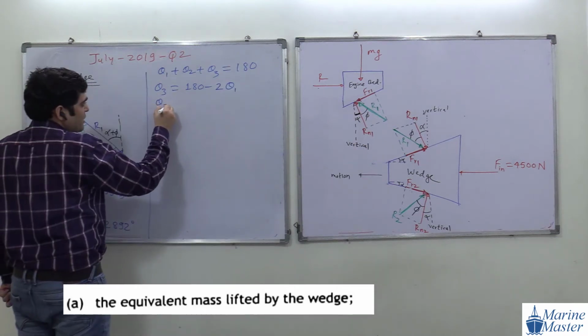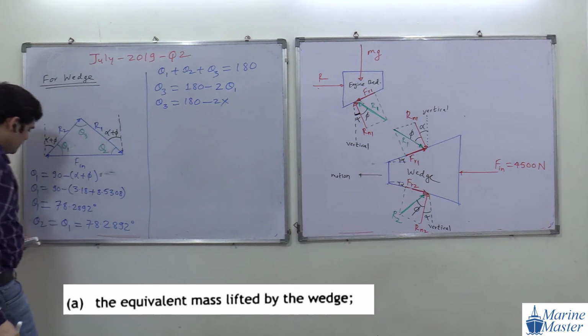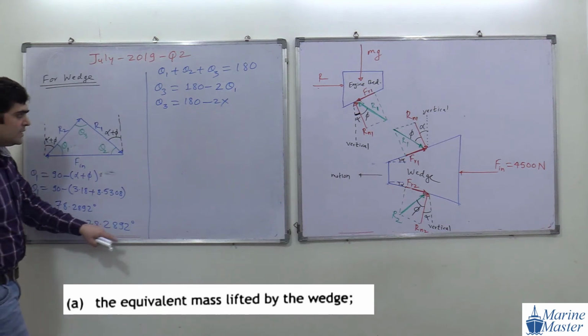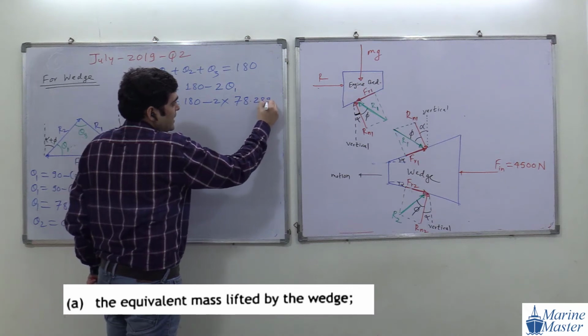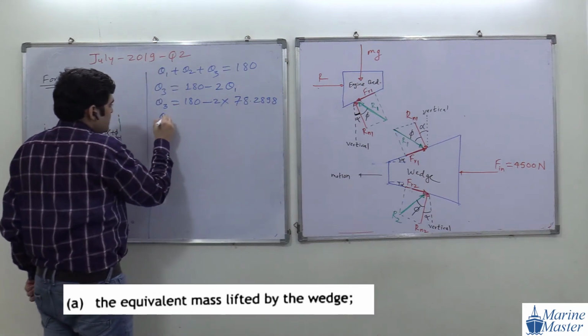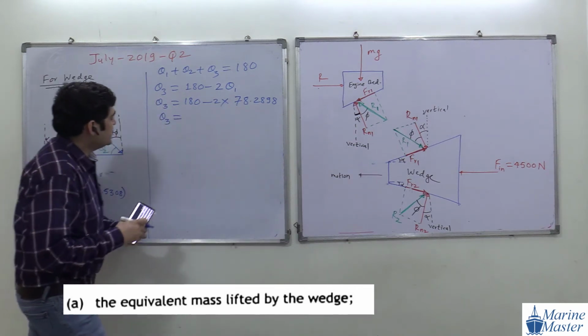So theta 3 will be equal to 180 minus 2 times theta 1. Please everyone do the calculation and tell me the value of theta 3.